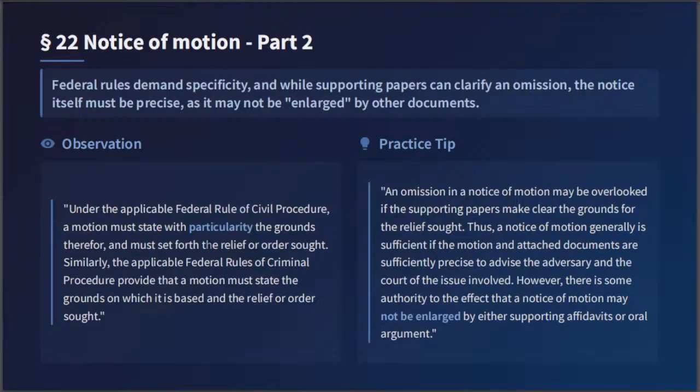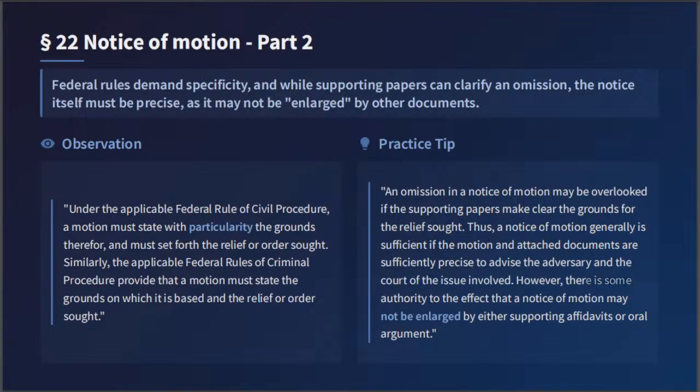Other than that, the practice tip here is an omission in a notice of motion may be overlooked if the supporting papers make clear the grounds for the relief sought. Thus, a notice of motion is generally sufficient if the motion and attached documents are sufficiently precise to advise the adversary and the court of the issue involved.